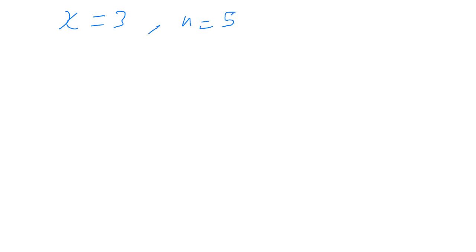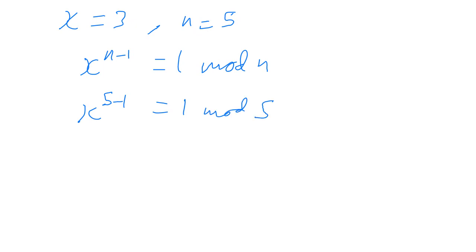Let's take some small values so that we can demonstrate our example. So x to the power n minus 1 is equal to 1 mod n, that is, x to the power 5 minus 1 is equal to 1 mod 5.